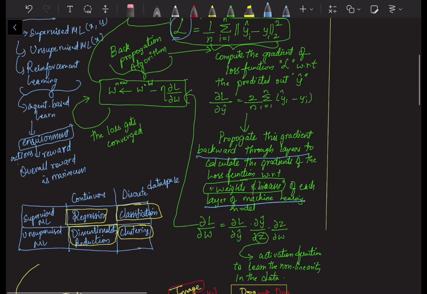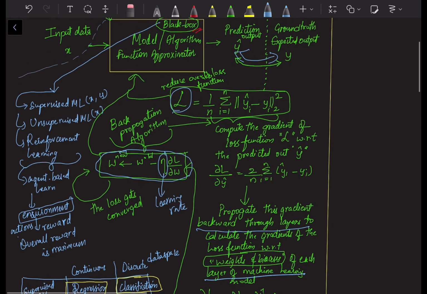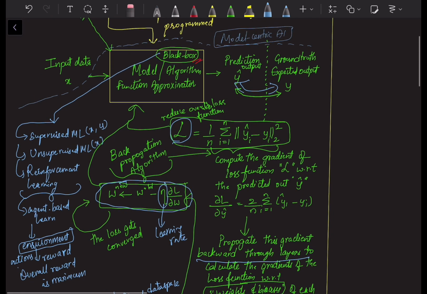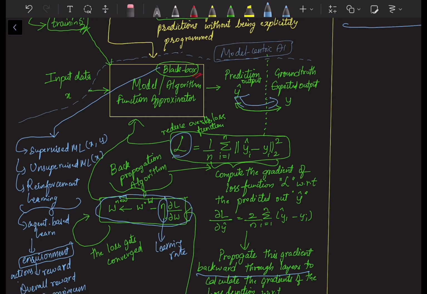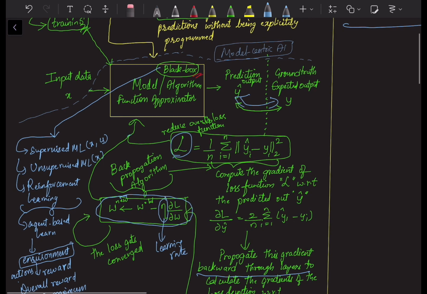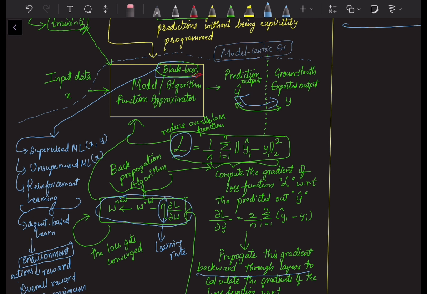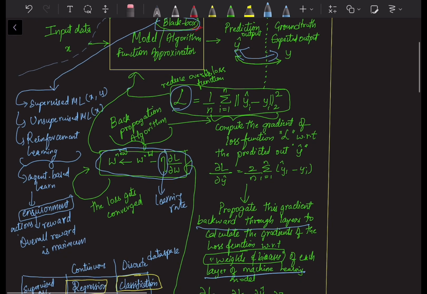And then we update the new weights as given by old weights minus eta times dou L by dou W. Eta here is the learning rate. We do this process until the loss converges to a local or global minimum depending upon the convexity of the loss function.